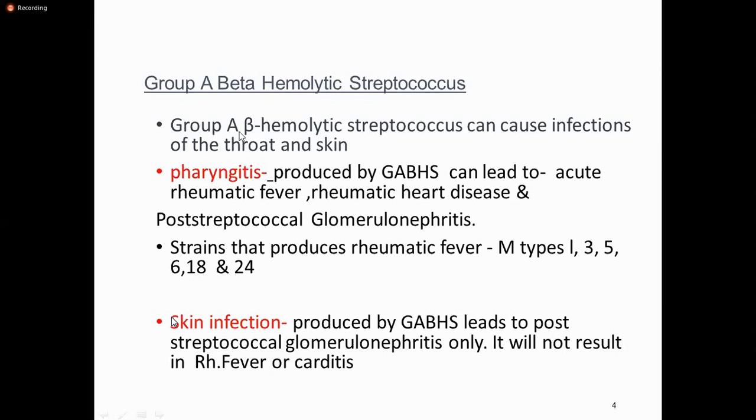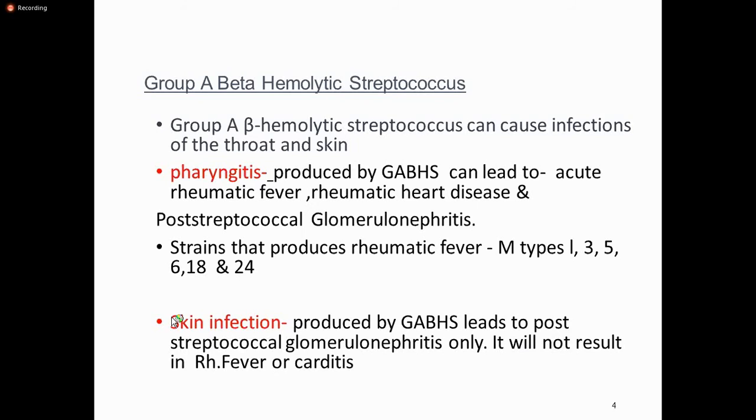So the group A beta hemolytic streptococci normally cause sore throat or skin infection, producing pharyngitis and skin infection.